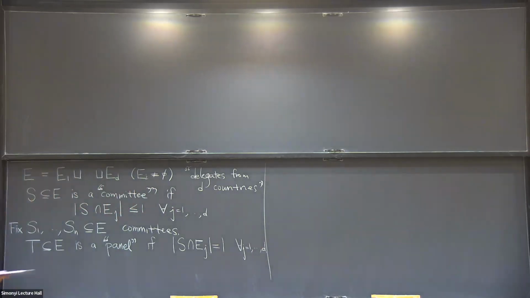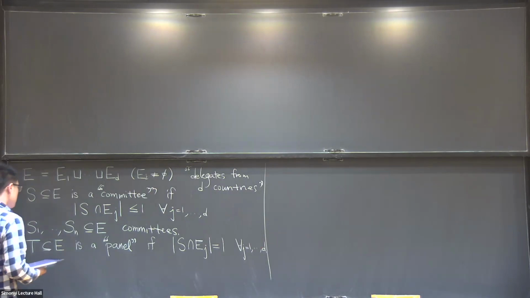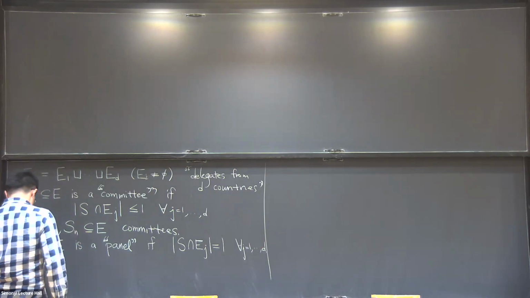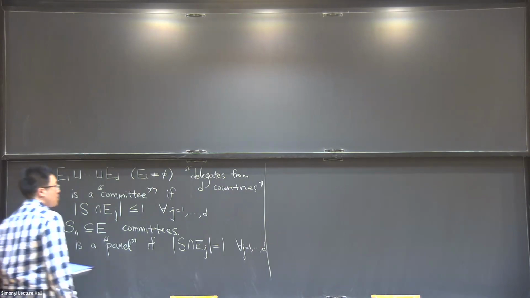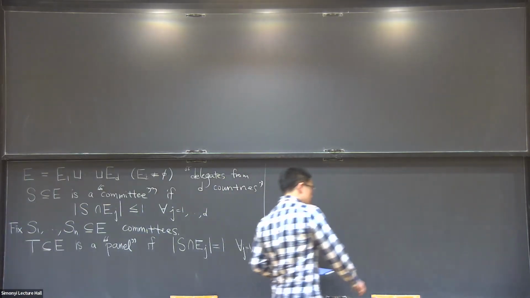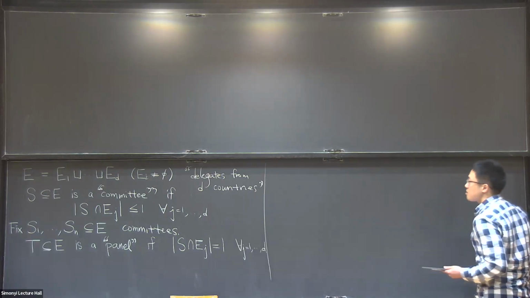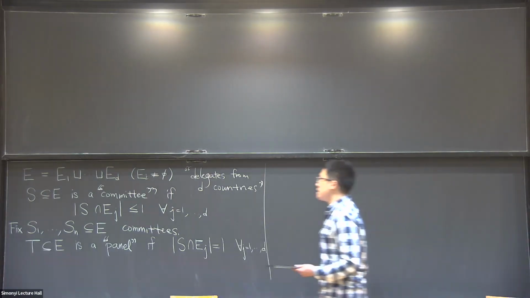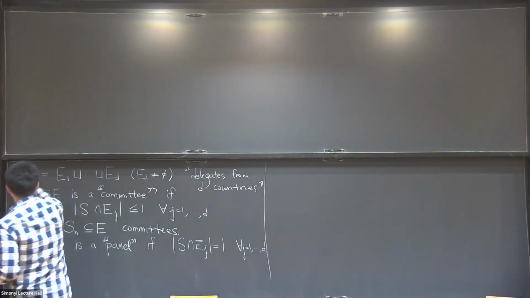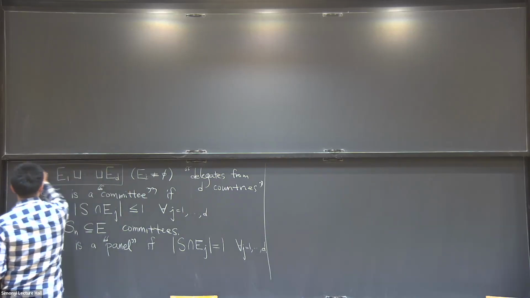So it's like a sort of a maximal committee. Or yeah, it is a maximal committee. Let's call it a panel. And lastly, what do we want to count given this terminology and data? So the data given is a partition.